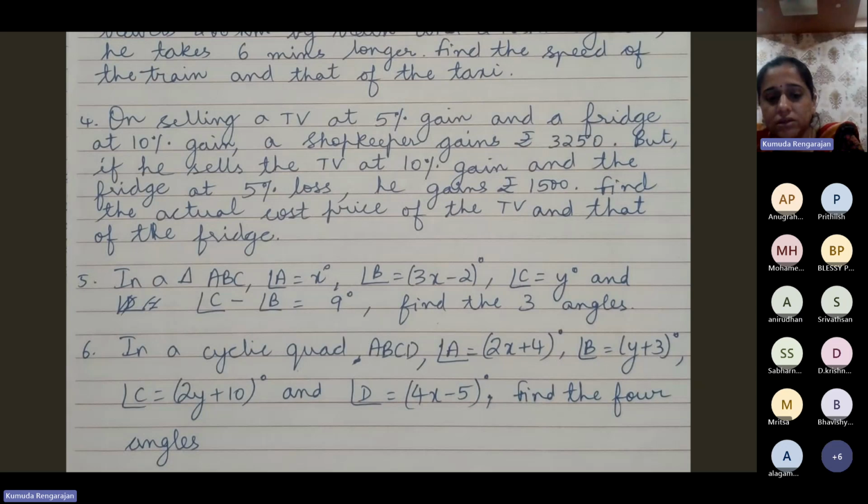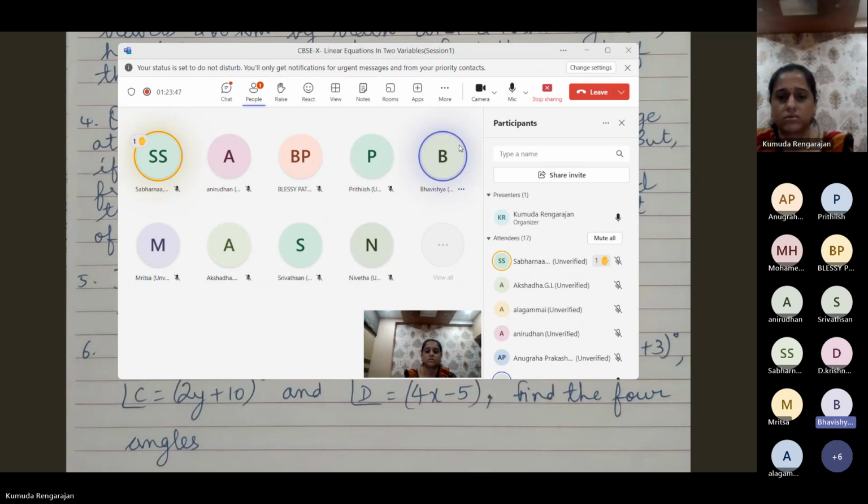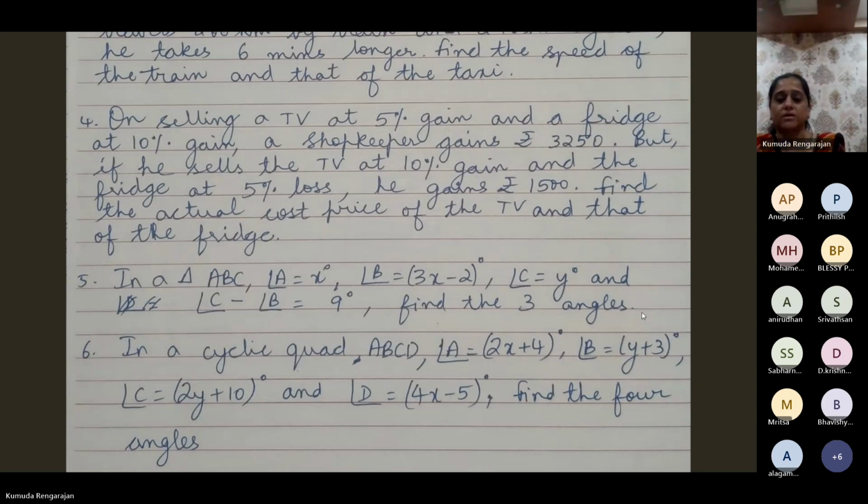What is the property of a cyclic quadrilateral that you will use to construct the equations? Ma'am, sum of opposite angles of cyclic quadrilateral is 180. Correct. Very good, Bhavishya. So you need to use this property.